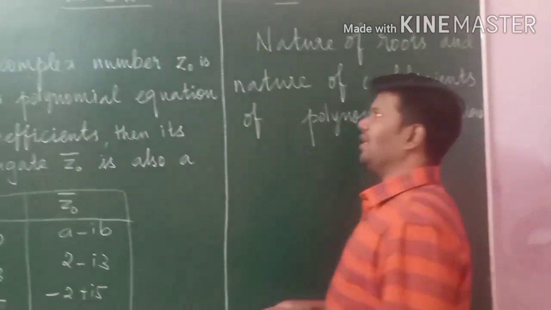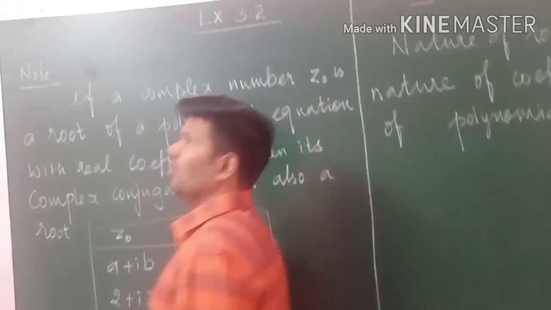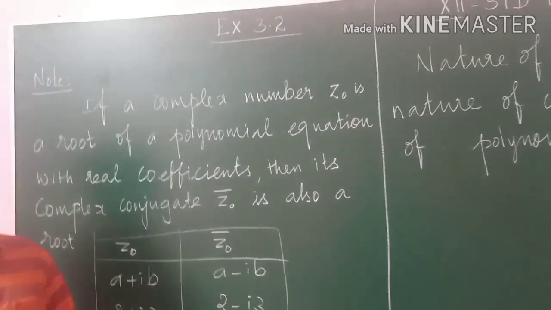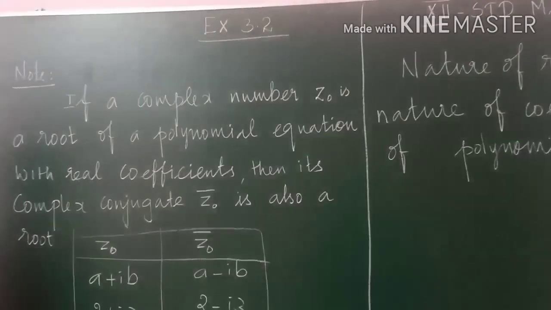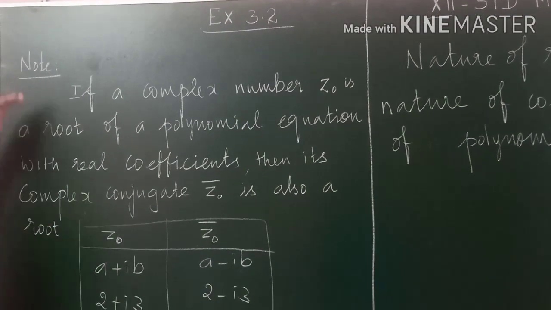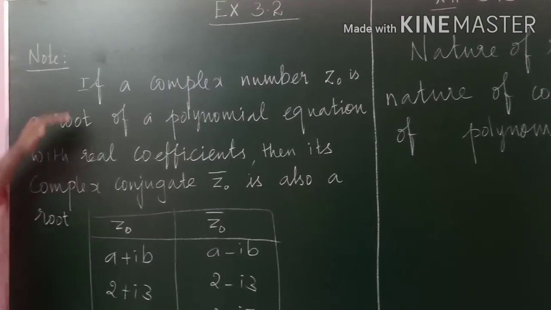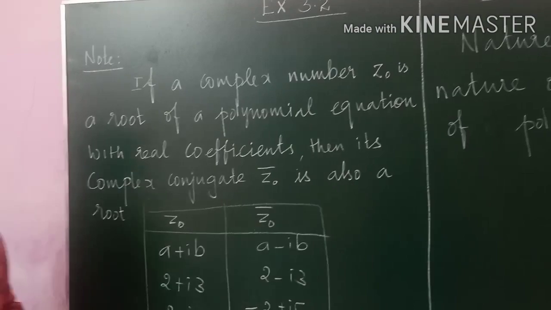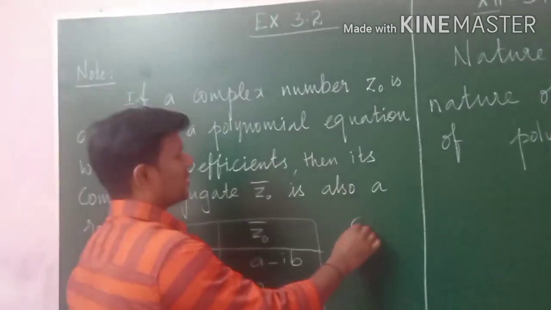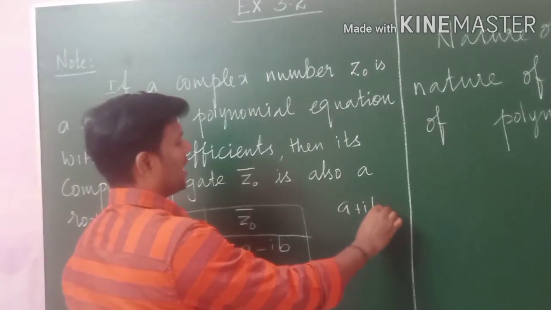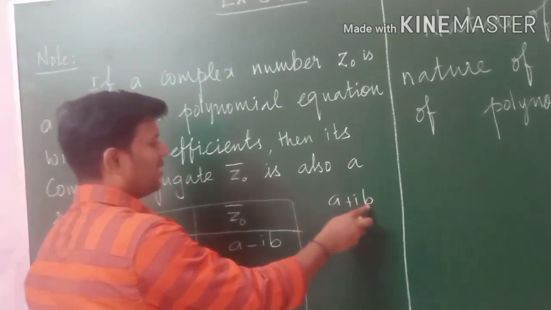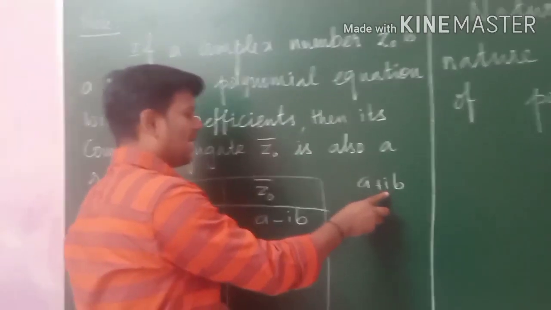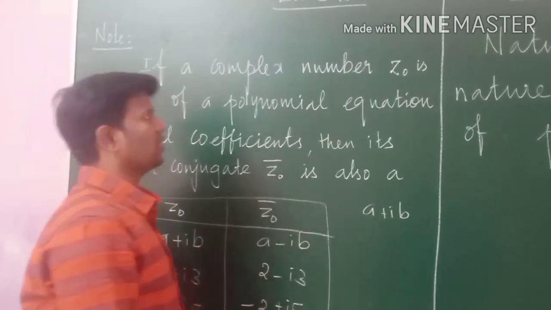So in this exercise 3.2, we are going to learn about nature of roots of a polynomial equation. So we will see the first note. If a complex number, we know what is a complex number. The general form of a complex number is a plus ib, where a and b are real numbers and i is an imaginary unit.